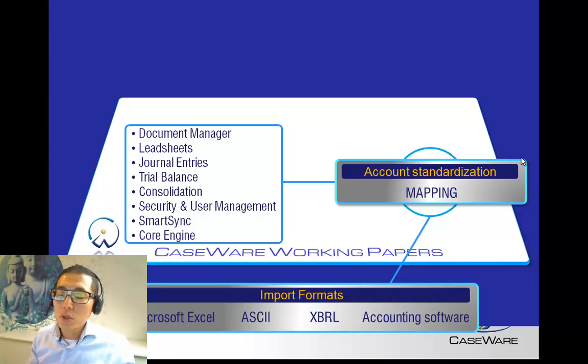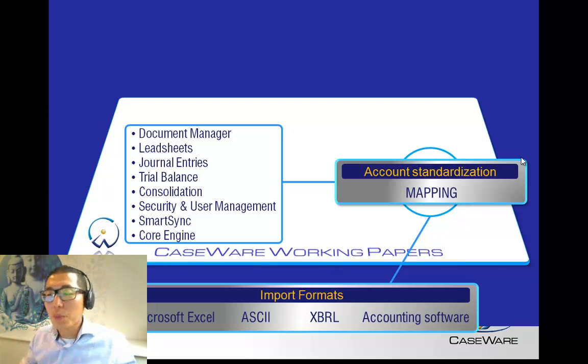So you will have the full local processing power of your laptop, but at the same time your user experience is as if you're working in the same file. That's also quite an easy way to get started with Caseware SmartSync. It won't be part of this presentation, but if you have any further questions, please get in touch with us. We're happy to explain that in a bit more detail to you.